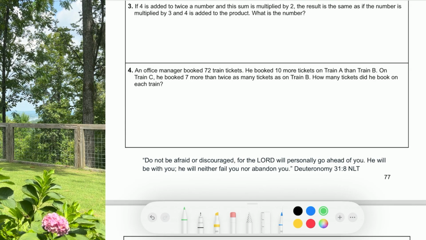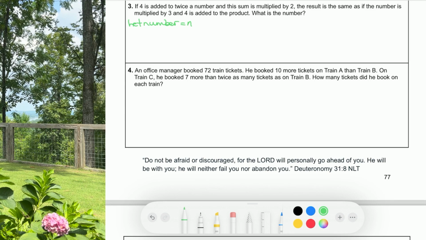Number 3: if 4 is added to twice a number, and this sum is multiplied by 2, the result is the same as if the number is multiplied by 3 and 4 is added to the product. What is the number? There's a lot going on in this one, so we need to take it a step at a time. The first thing I'm going to do is say, let number equal n.